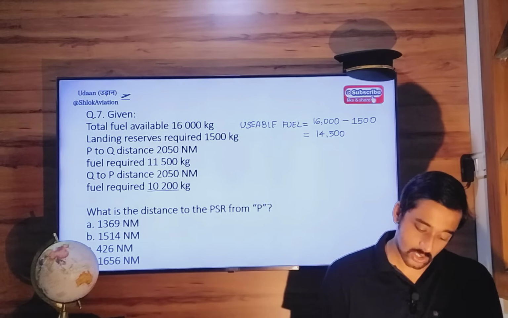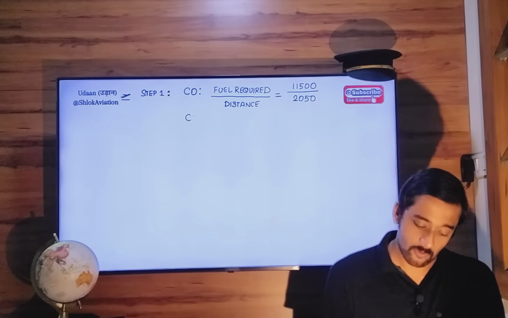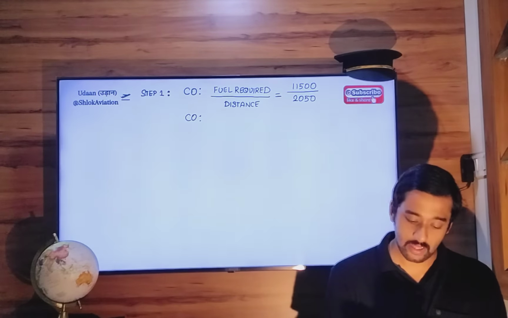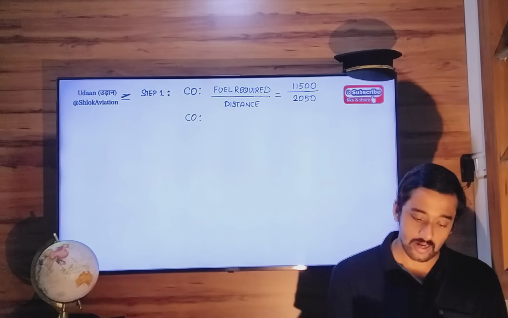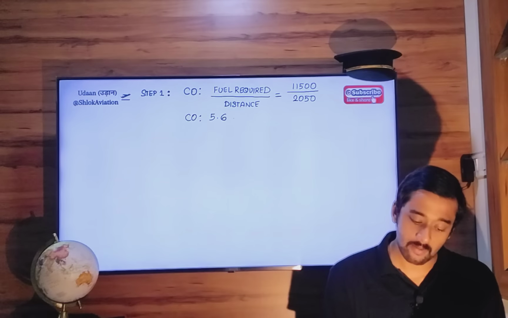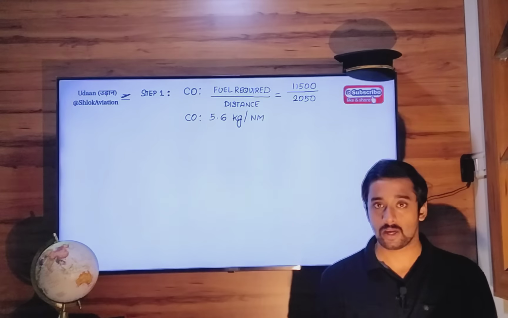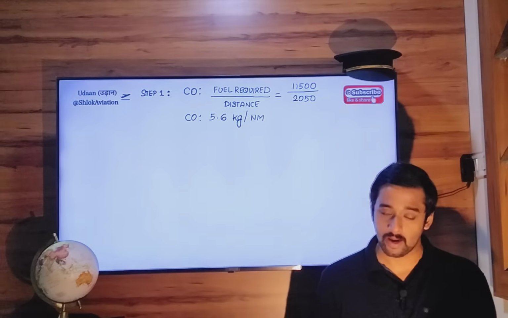Total distance is 2050. So fuel consumption outbound is 11,500 divided by 2050, that is 5.6. You require 5.6 kg fuel to travel every nautical mile, to travel per 1 nautical mile.